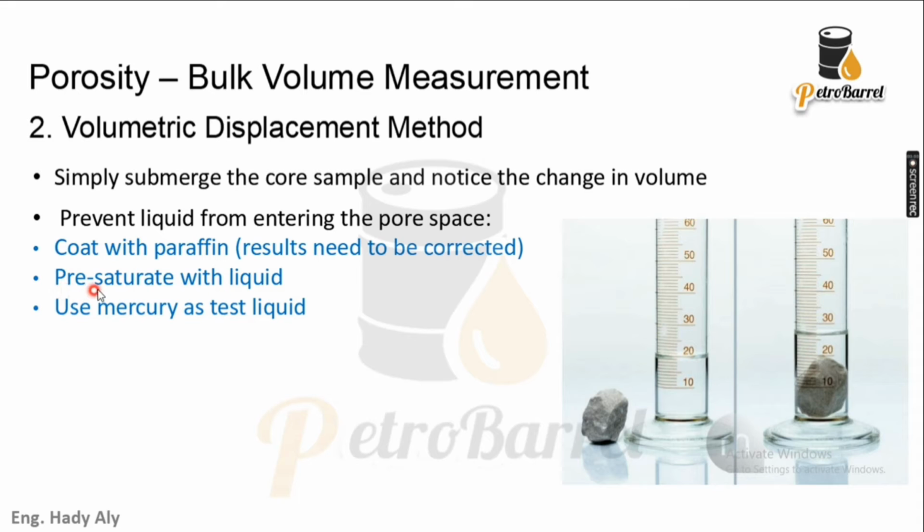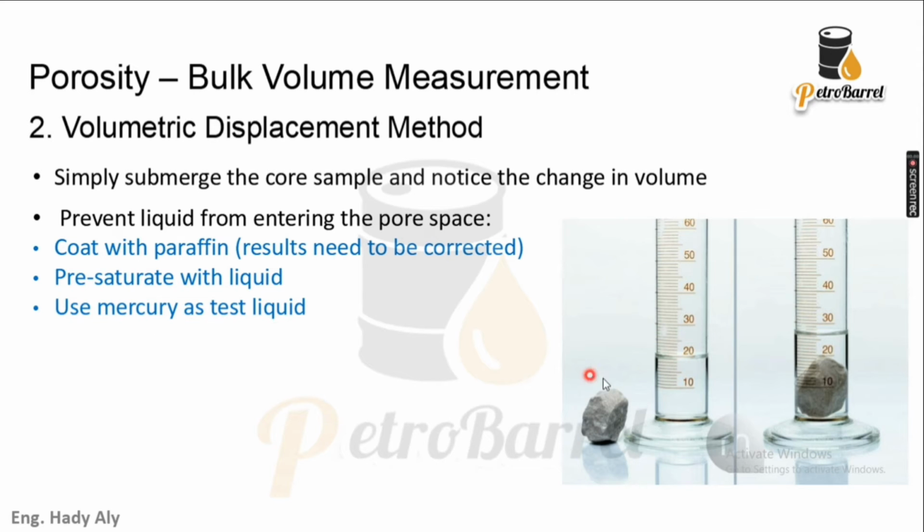The second one is pre-saturating the core sample or the rock of the reservoir with liquid. Why? Because if I have a rock and this rock is saturated 100% with liquid, this helps me a lot to prevent any water coming from this cylinder from entering these pore spaces. So this method helps me a lot to prevent the liquids from entering the pore space.